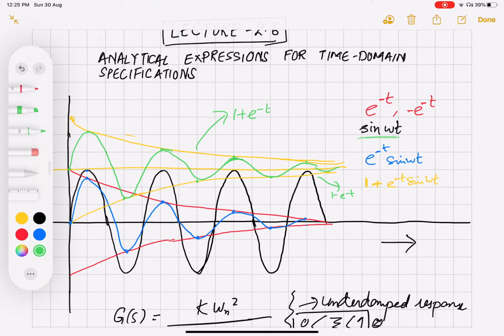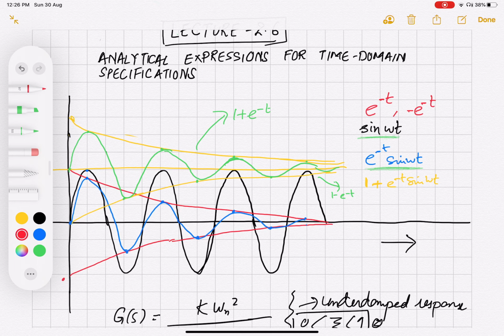So the second thing that I want to sketch is e to the power minus t sine omega t. Now, e to the power minus t plus and minus I've sketched using the red color. So you can see that this exponentially decaying term, which starts from 1 and decays to 0, in red color is e to the power minus t, and the other one here is minus e to the power minus t.